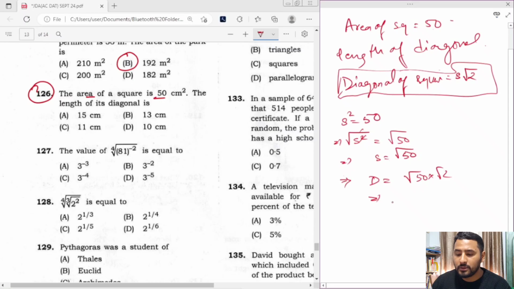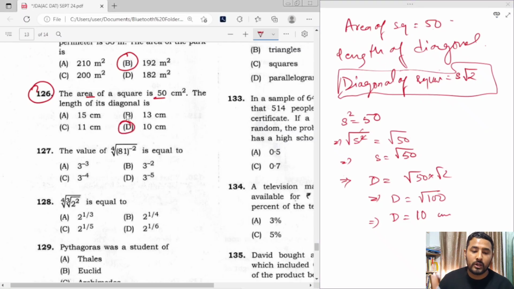So D is equal to root over 100. 50 into 2 is 100. So what is the square root of 100? Yes, 10, okay? 10 centimeter. So we're getting the answer 10 from 126. The answer will be option number D, okay?